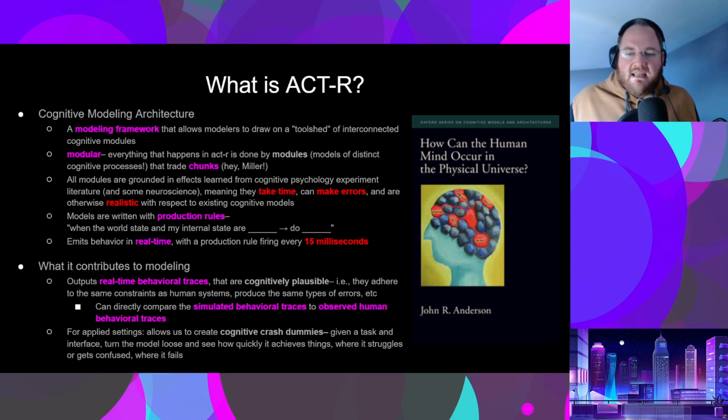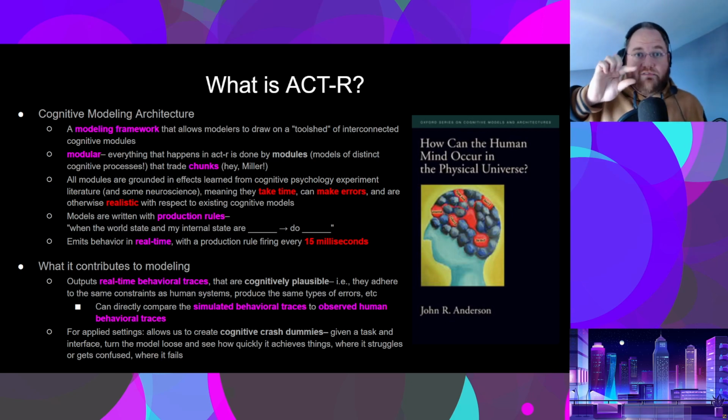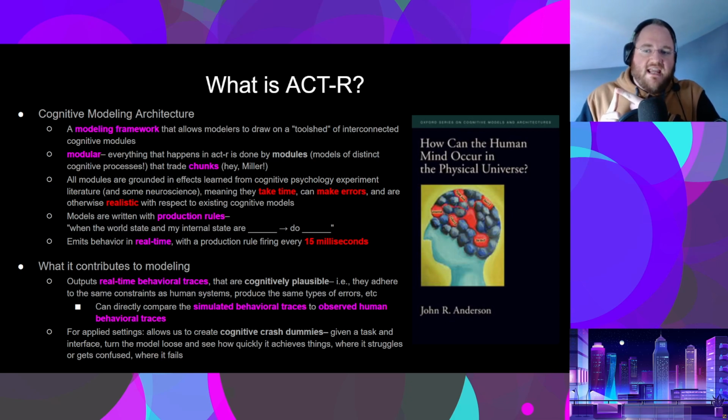But things like, how long does it take to remember a chunk from memory? How long does it take to press a key with a finger? How long does it take to move the eyes and the attention, right? And that's another piece of this. They're grounded in the reality, so they take the same amount of time that we know humans take on some of these things. They make the same kinds of errors that humans make on some of these things.